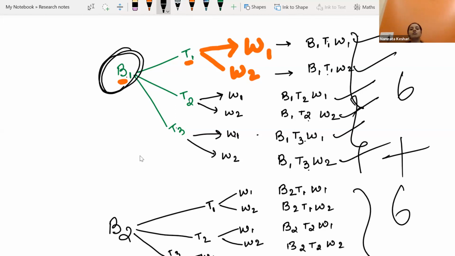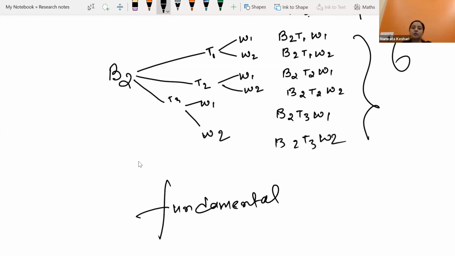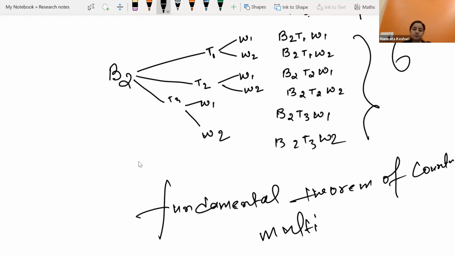Okay. Now we will be using this concept. So let's do a few questions. This process which we are discussing over here is called the fundamental theorem of counting or multiplication principle.